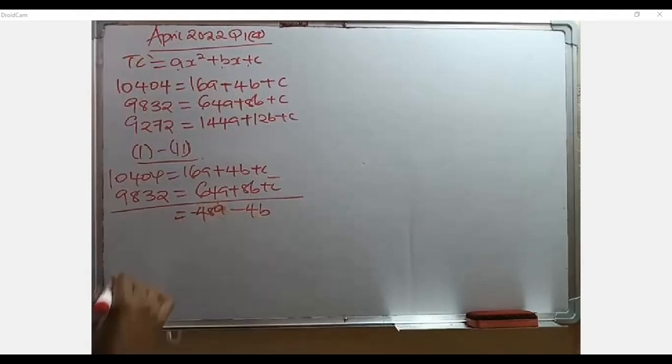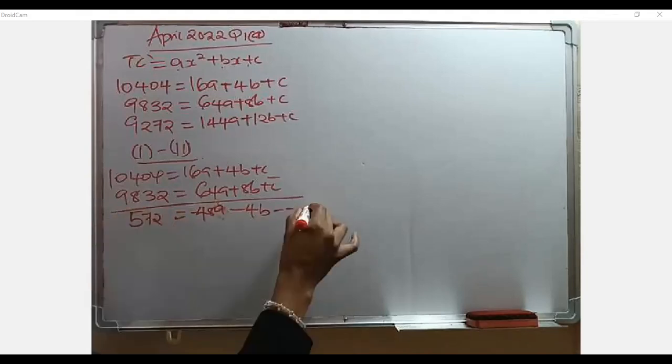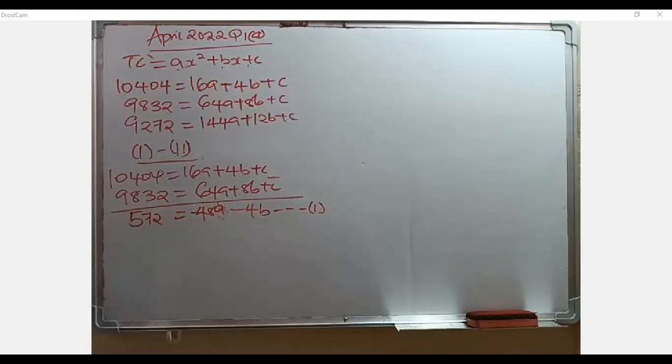Then we have 10,404 minus 9832, which is 572. And this becomes our first equation.